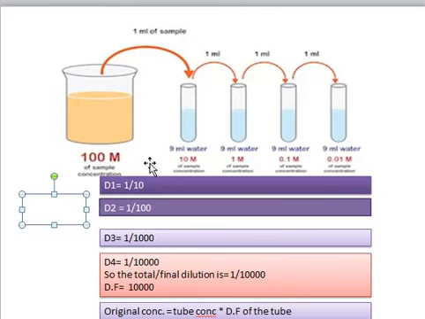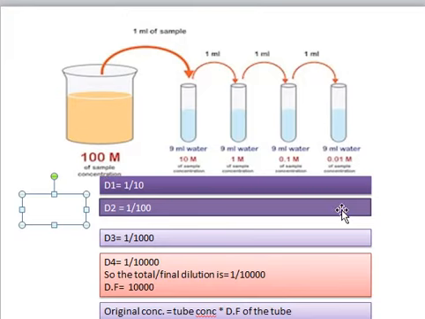For tube 2, 1 molar multiplied by 100 is 100 molar. The same for tube 3, 0.1 molar multiplied by 1000 yields 100 molar, and the same for tube 4.